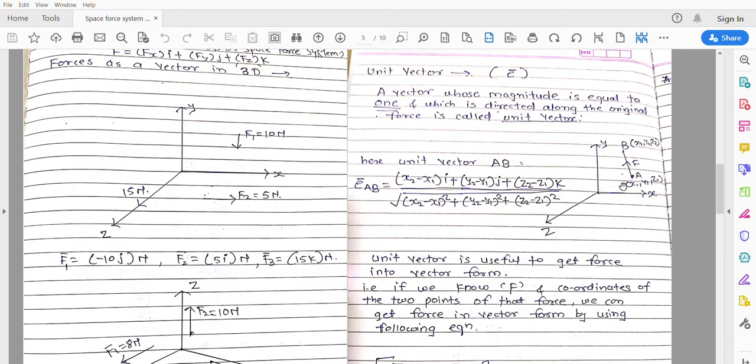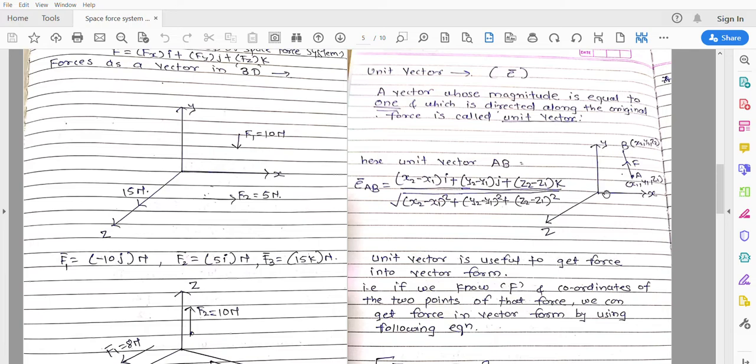Now to imagine this, imagine a room, imagine the axis system that we discussed earlier, and now hold a pen, pencil or a scale in your hand. Imagine it as a single line. Now that pen, pencil, whatever you are holding, has one starting point and one end point. It's up to you which point to assume what. So assume one point as the starting point and one point as the end point.